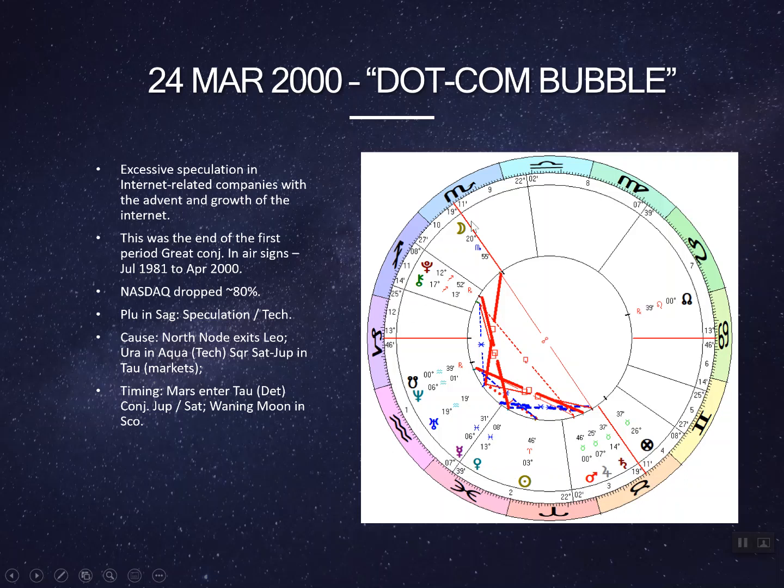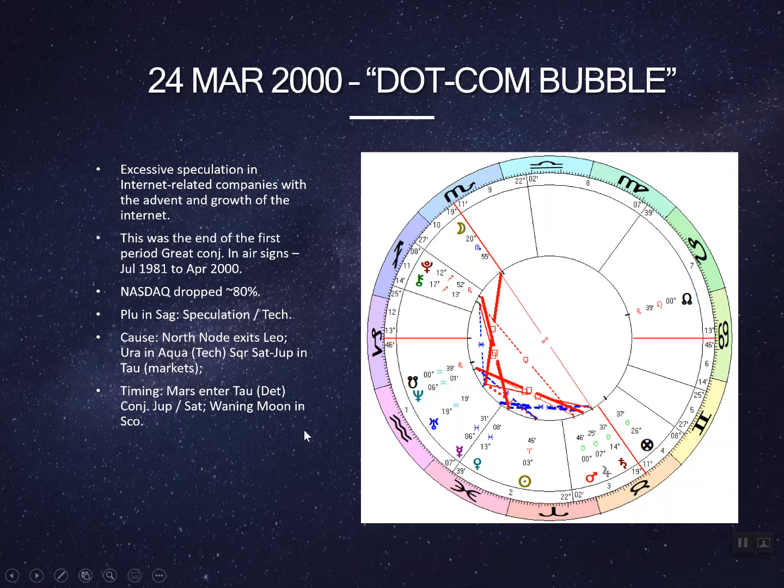another factor which is quite important is we can see we got a waning moon, and the moon is very closely related to how the markets behave. I will look at that in more detail when we look at short-term trends in markets. But I just wanted to point out that it's a waning moon and a moon in Scorpio, which means it's in its fall.